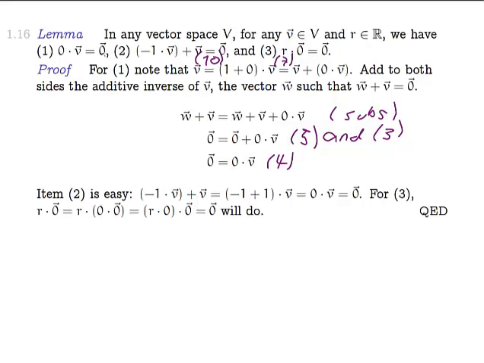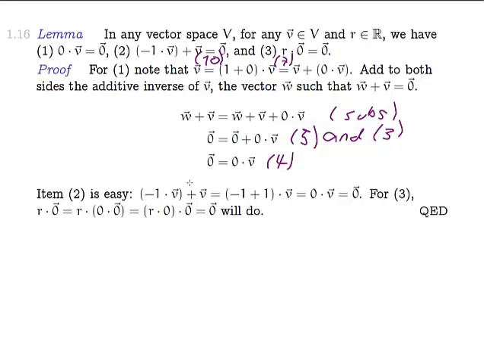Okay, so let's go ahead and do part 2. We want to show that in fact minus 1 times v is the additive inverse of v. Now it seems pretty clear that we want to group these two together. We're going to use some kind of distributive property. Remember that v is equal to 1 times v.